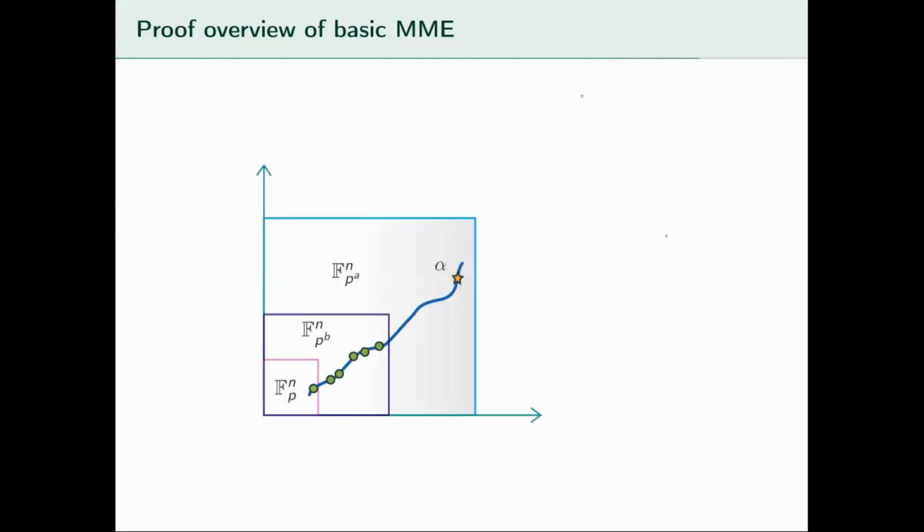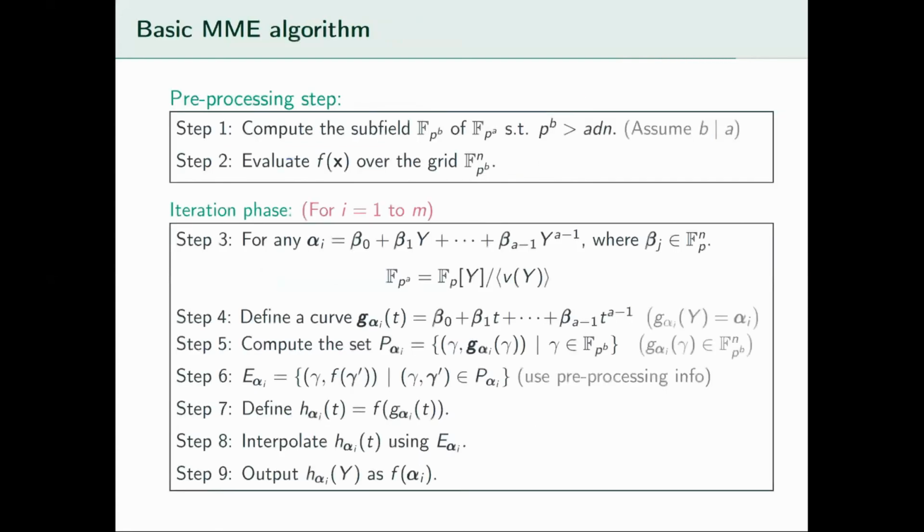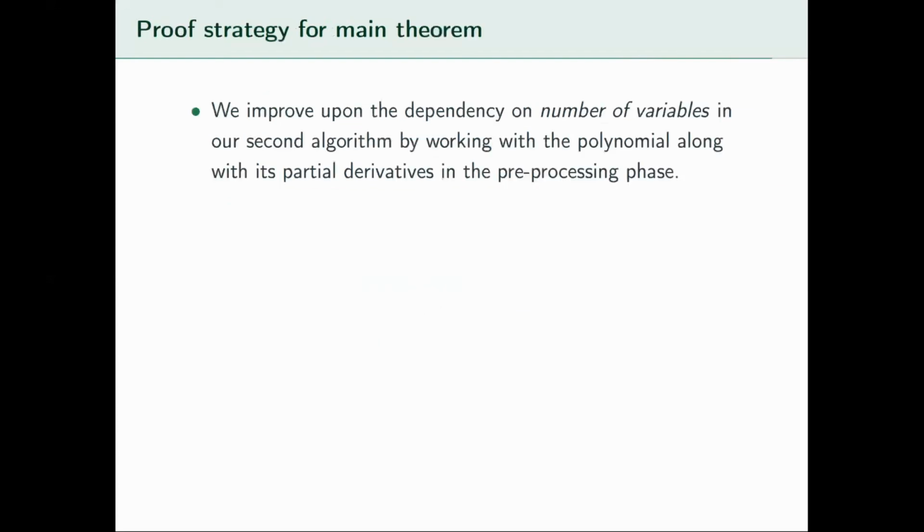Okay, this is a nice picture, and whatever I said in the graphical way of explaining the algorithm, I have written it here. So basically, this is the pre-processing step, and this is the iteration phase. Going forward, this is what I said for algorithm 1, and to get to algorithm 2, we polish it a bit further.